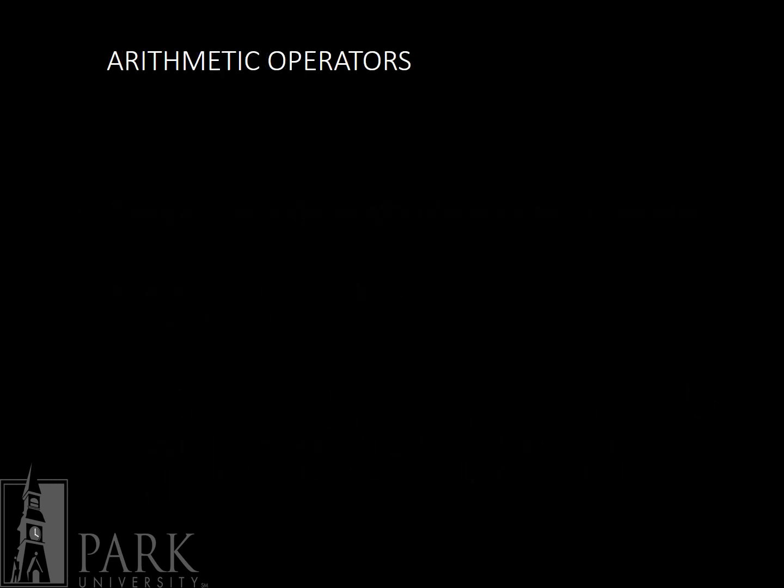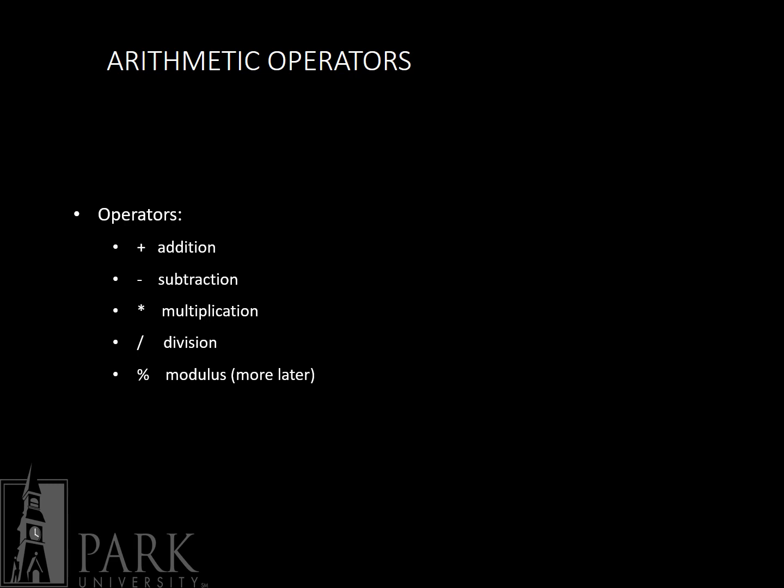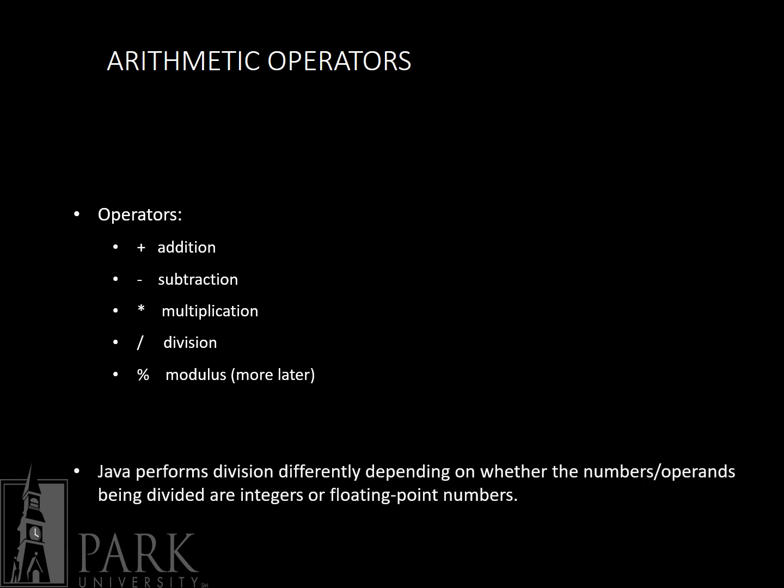And at this point in your education, you should be more than aware of the basic four arithmetic operators. Plus, minus, multiplication, division. But one that you may not be aware of is the modulus operator. And we're going to get to that in a bit. But the division operator depends on whether the operands, which are the things on either side of the operator, are integers or floating point numbers.